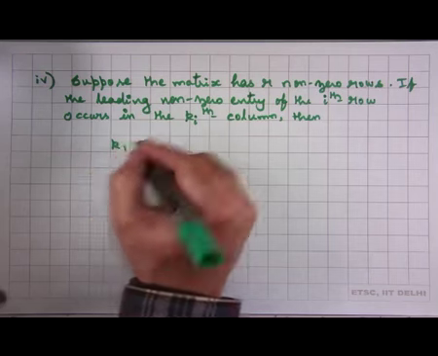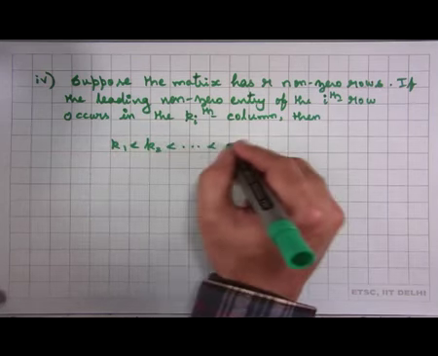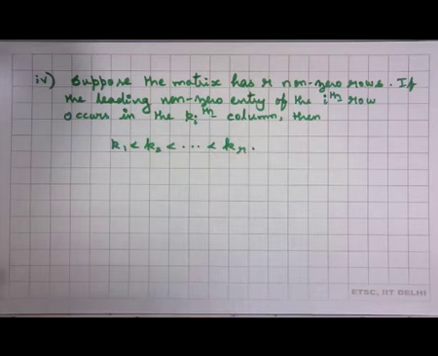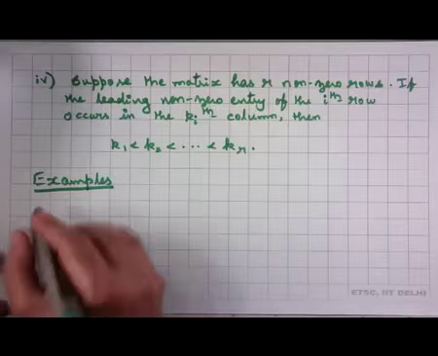Then k1 is strictly less than k2, up to strictly less than kr. These are the 4 things that you need to define the notion of what is known as the row reduced echelon matrix. Now, let us do some examples.